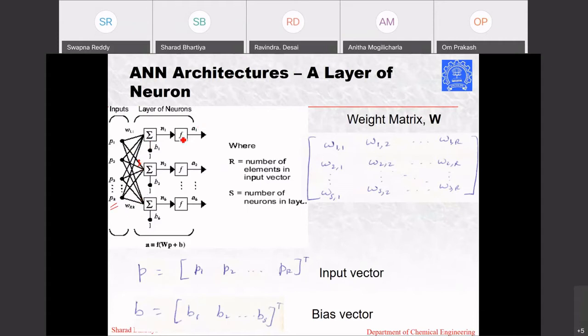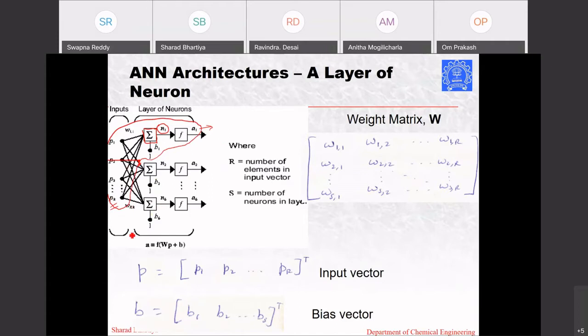So you can see that this summer of this neuron gives you a net N1, which then goes through a thresholding function F, and you get an output shown over here as A1. So this is my neuron, right? What I had drawn before would be this. But now those same inputs go to different neurons, and what you therefore get is a number of outputs.